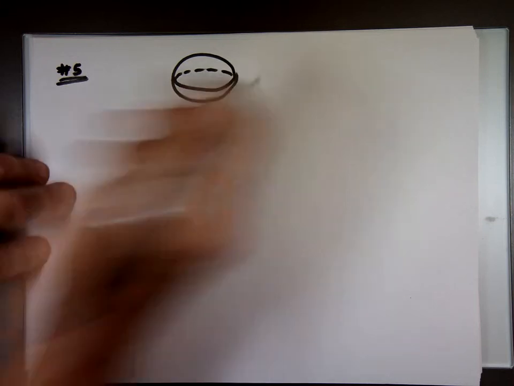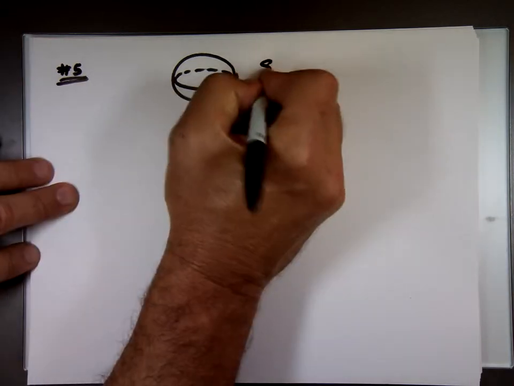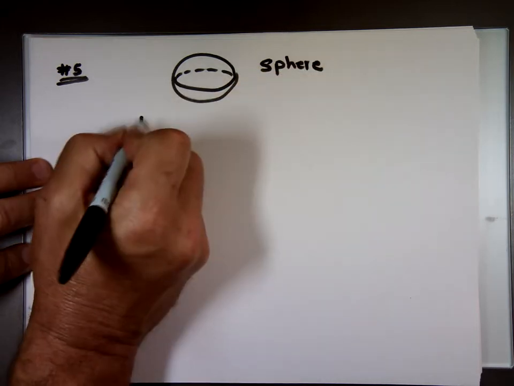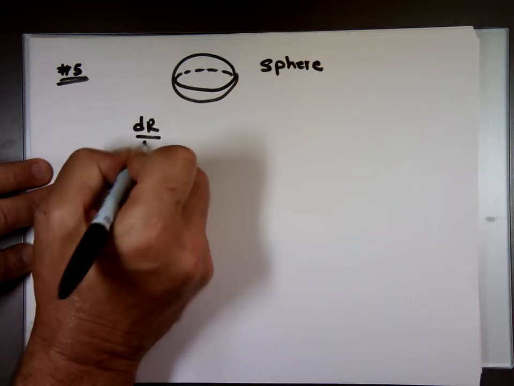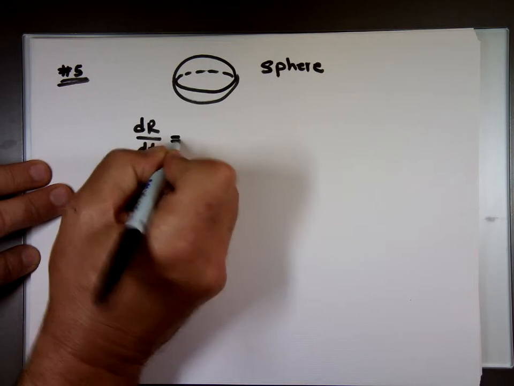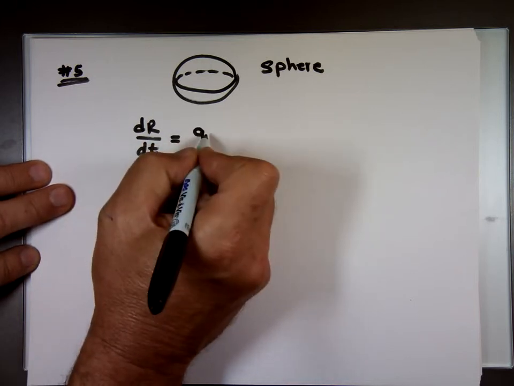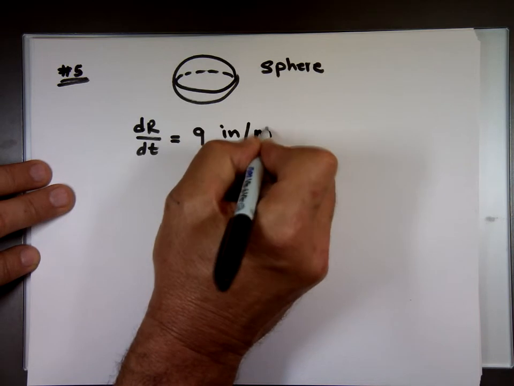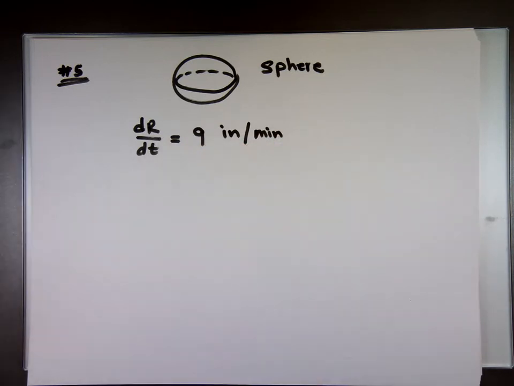I can't do it in 3 dimensions. That's a sphere. The radius is increasing, that's dr/dt, at the rate of 9 inches per minute. Find the rate of change of the volume.